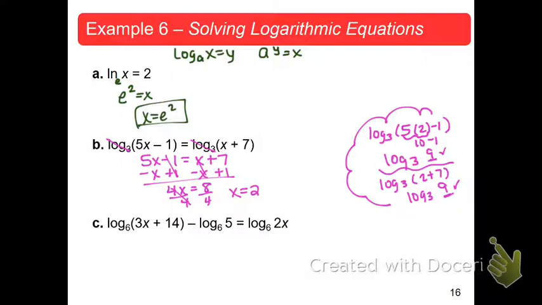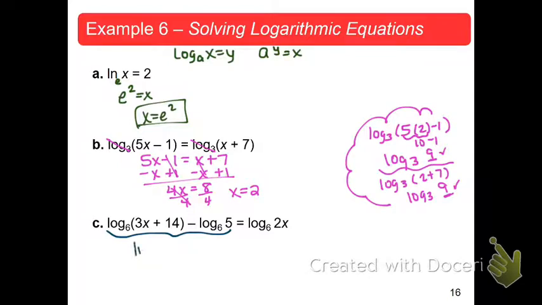Then on C, what are we going to do on C? Well, C, I have log base 6 minus log base 6 equals log base 6. Can't cancel your logs because these two are not just one log. But can I make them one log? Yes, because they're logs with the same base and a minus sign, we can combine them. And do you remember how to combine when they're being subtracted?